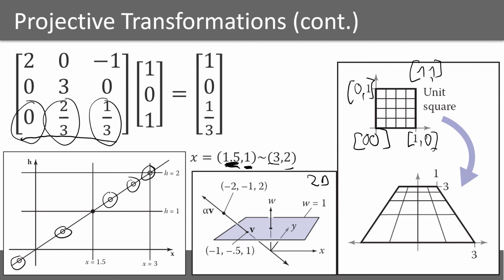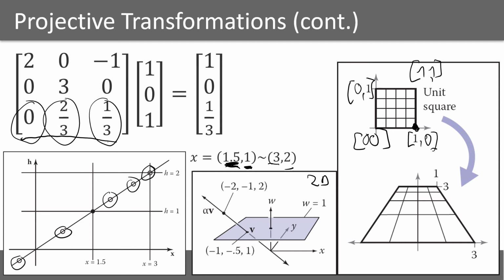So we have here this 1, 0, 1. So the homogeneous coordinate is 1, but we are dealing with this point. So what will happen to this point? If we are now post-multiplying this point's coordinates with the matrix, we will end up with 2 times 1 plus 0 times 0 plus minus 1 times 1, which is 1. And then 0, 3, 0 times 1, 0, 1 will be 0. And then 0 times 1 is 0, 0 and 0 times 2 thirds is 0, and 1 times 1 third is 1 third.